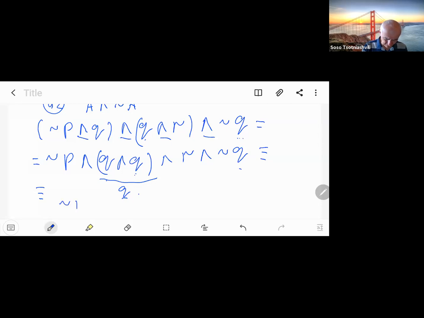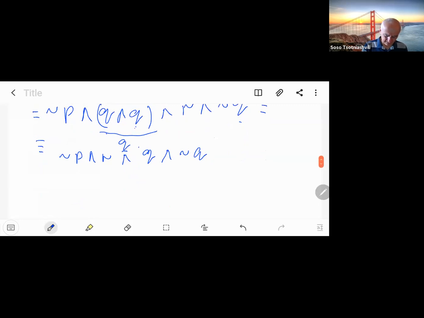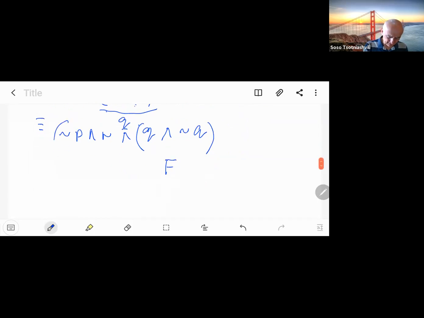We have not P, not R, not Q, and not Q. Salome noticed very well that Q and not Q is a contradiction, it's false. And now what do we have? We have false and this expression, and it's always false.